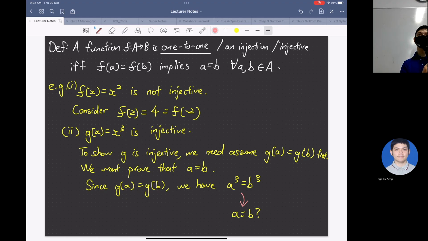I think you can, but there's a reason, and the reason we haven't covered yet. Any other try? Yeah, taking the cube root is often immediate, but why can you take the cube root?